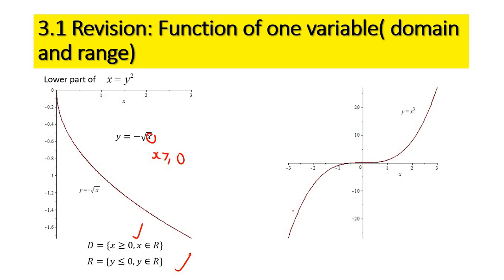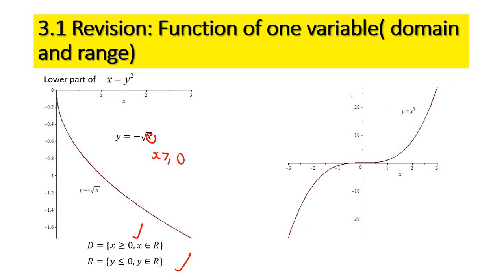And then how about this, a graph of y equal to x cubed. Can you now tell me what is the domain here? What's the domain for y equal to x cubed? Negative infinity to positive infinity. Yes.